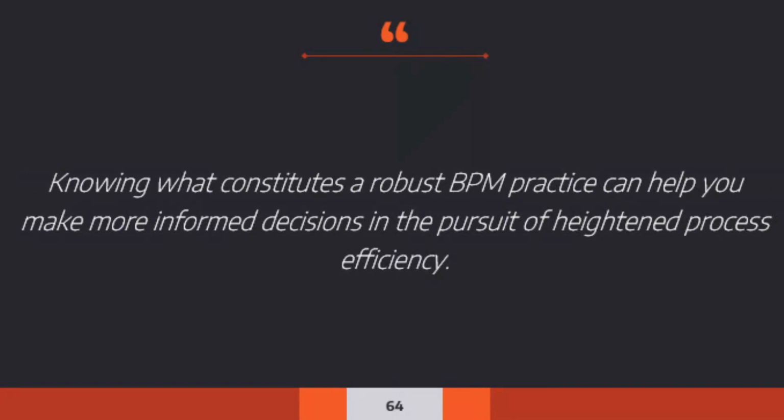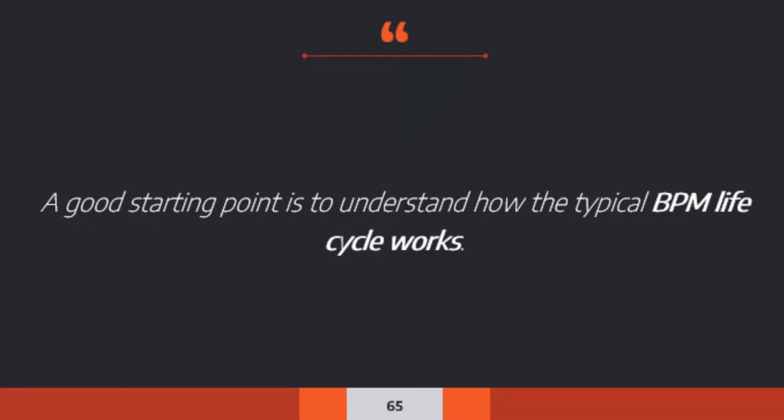Knowing what constitutes a robust BPM practice can help you make more informed decisions in the pursuit of heightened process efficiency. And a good starting point on how to implement BPM in the organization is to understand first how a typical BPM life cycle works.